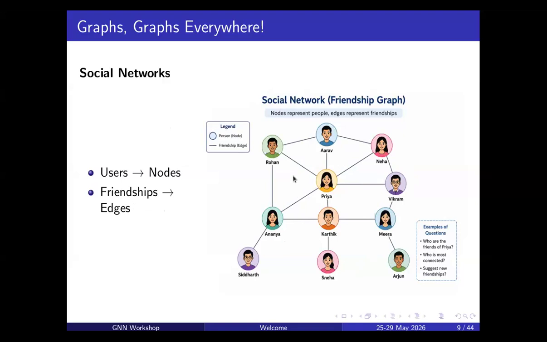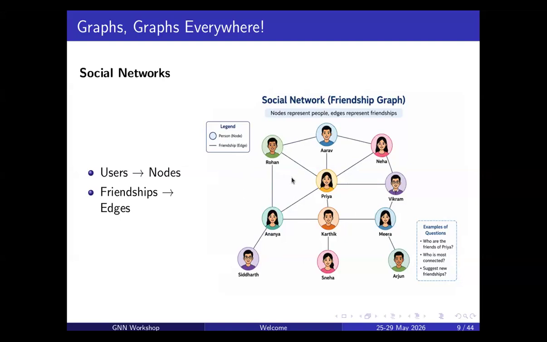Like Facebook, they are using some kind of algorithm like friend of a friend, because Rohan knows Ananya and Ananya knows Siddharth. So there is a high chance that Rohan also knows Siddharth. That kind of extra relation you can get when you represent this as a graph.